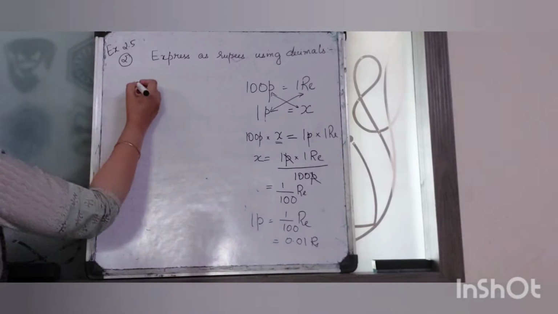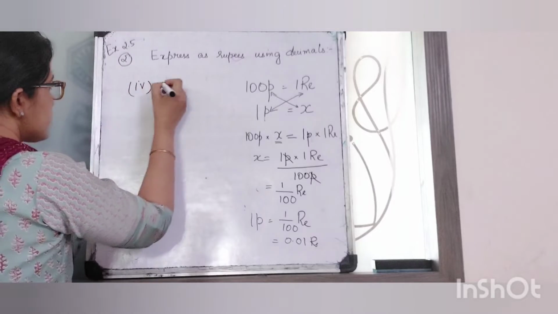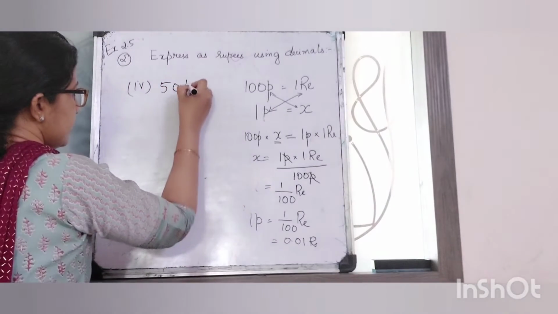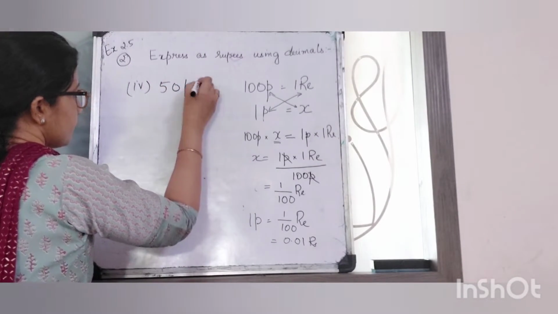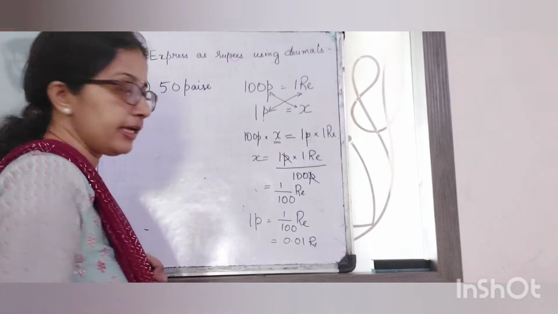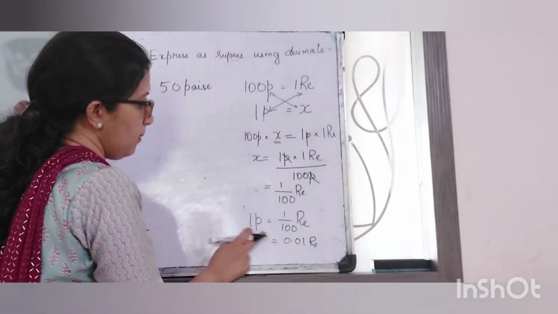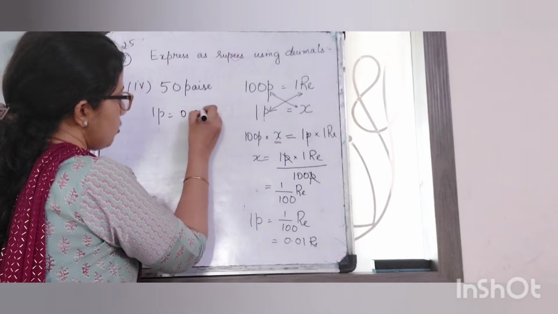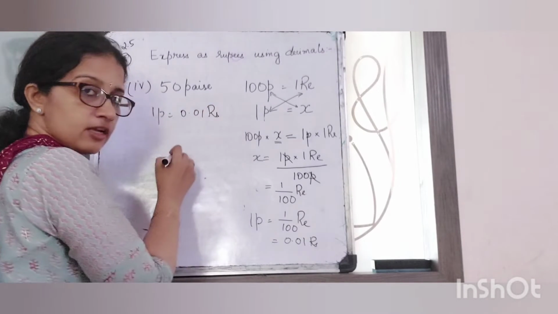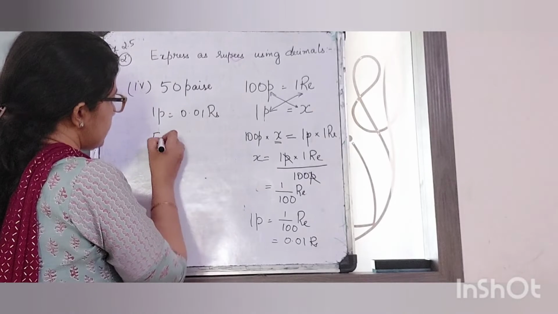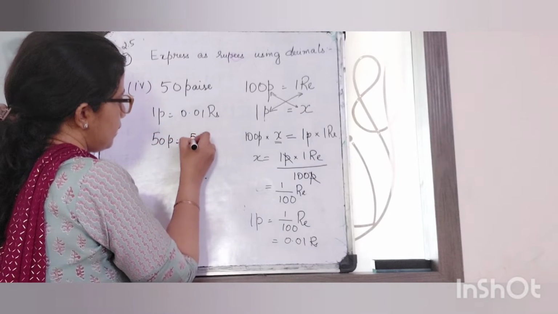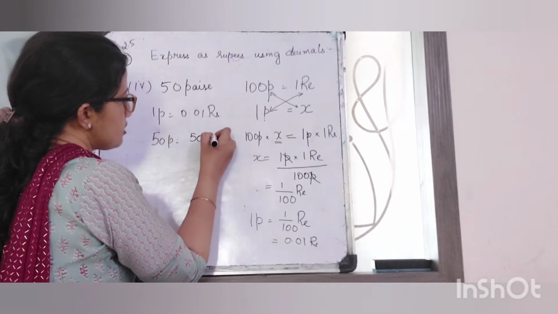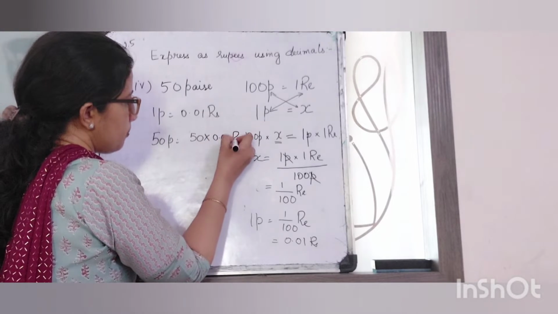Next problem, that is the fourth problem, is 50 paise. Here also in the same way, 1 paise is equal to 0.01 rupees, we got, right? So 50 paise is equal to 50 into 0.01 rupees.